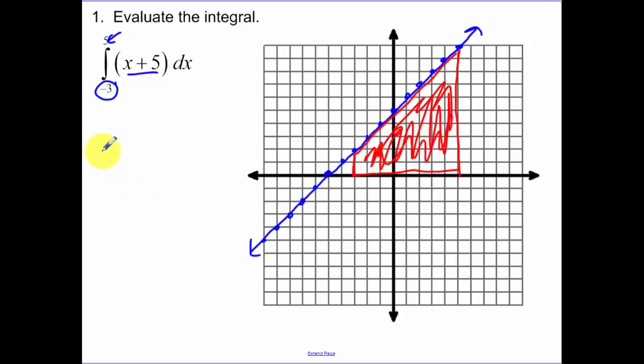What is that? That's a trapezoid. What's the area of a trapezoid? That's 1/2 base 1 plus base 2 times the height. The bases, remember, are the two parallel pieces. So that's one base.